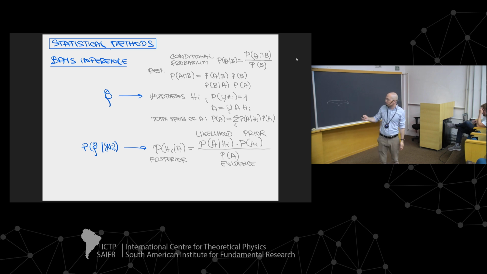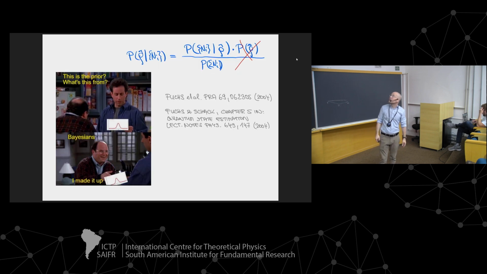Now, if we rewrite this, we have Bayes theorem for estimation of quantum state.